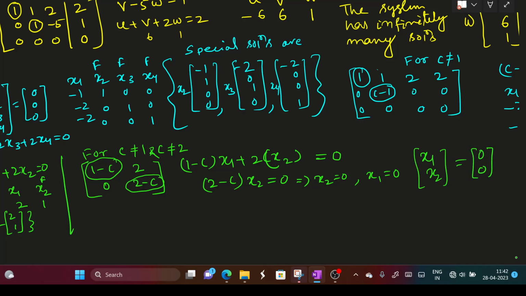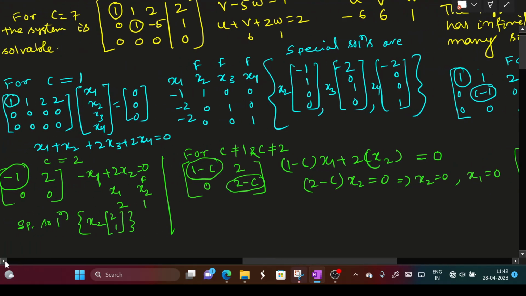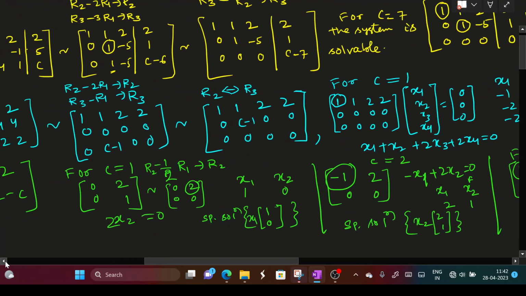This is the only special solution. Directly we could have also done it because it is full rank. That means the null space is empty, that means only the origin vector belongs to the null space. That's why x1, x2 is equal to 0, 0. We could have done it like this also without going for much.